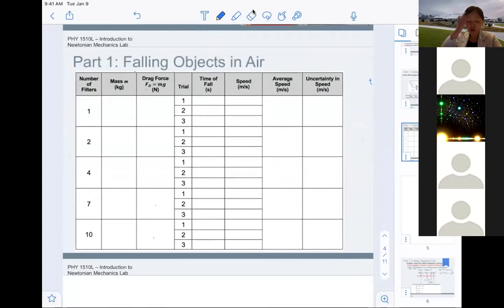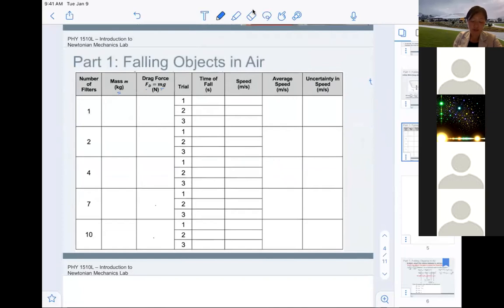So we can do this for different numbers of coffee filters, because as you drop different numbers, they will all eventually reach different terminal speeds. So we're going to do 1, 2, 4, 7, and 10 coffee filters. And the drag force is measured by the weight indirectly, as I said earlier.